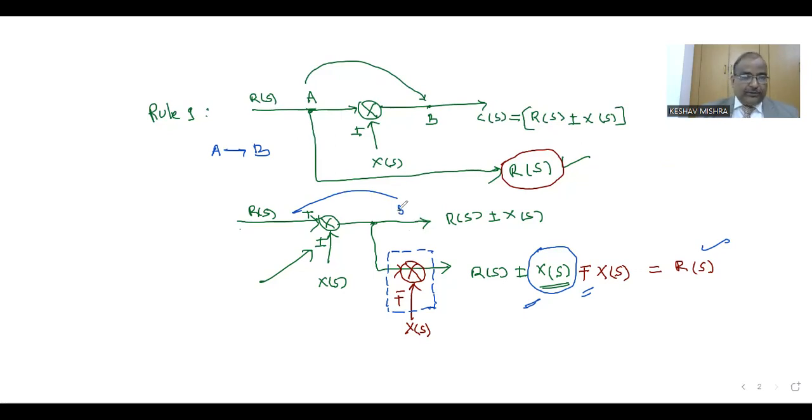So the next rule is rule number 10. This is very useful in order to remove the summing point. In the block diagram reduction technique, we try to remove or eliminate summing points, more numbers of summing points, to transform the overall structure into simplified form.